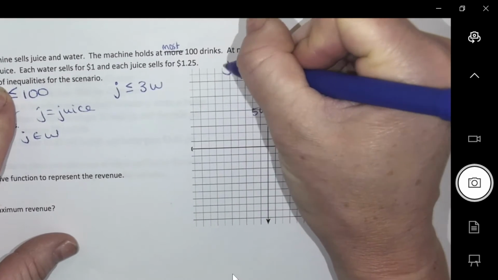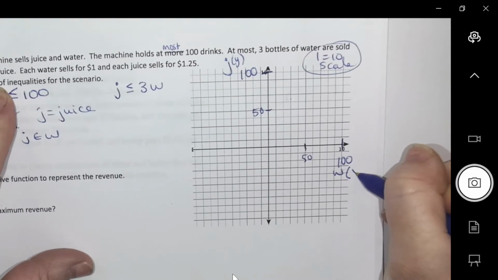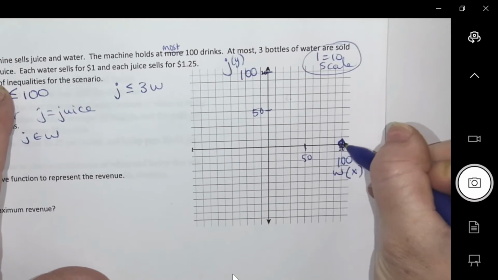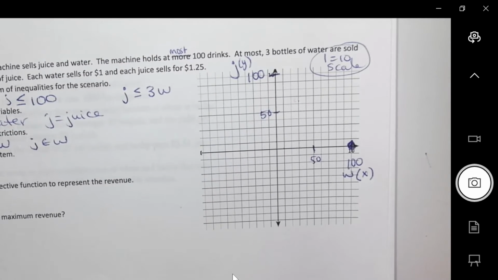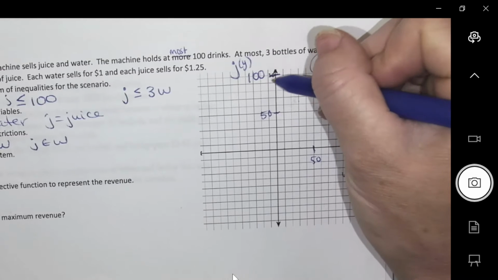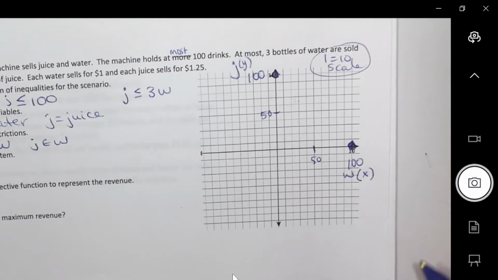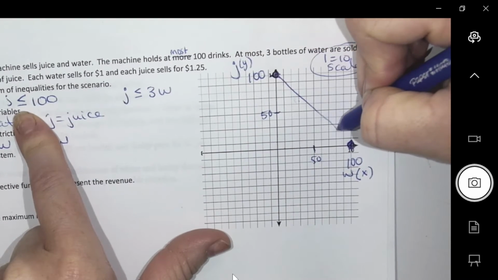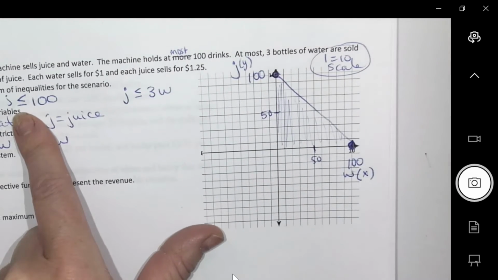Sorry, here I should make this J is the Y part and the W will have to be the X part. So the W needs to have an intercept at 100. And if I cover the W, the J has an intercept at 100. Okay, that line is solid. And I'm going to have to be less than that line.